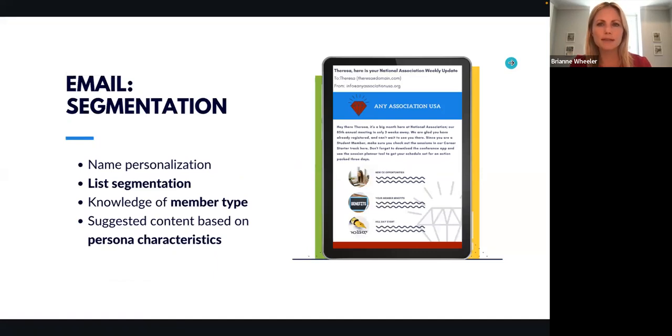Then you have the next level, segmentation, where you have the name personalization, and you're also segmenting by list. So you say, okay, I know this person's name, and I'm sending this to all the people who I know attended the annual conference last year, for example.